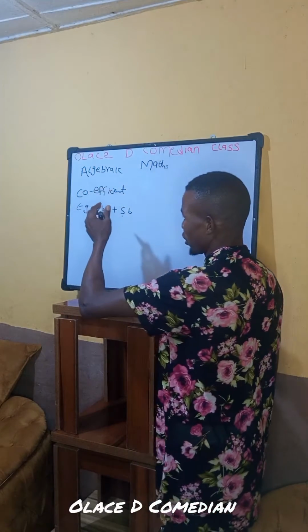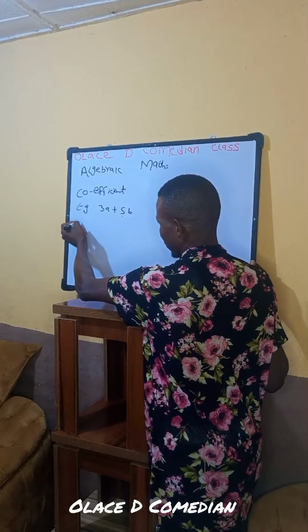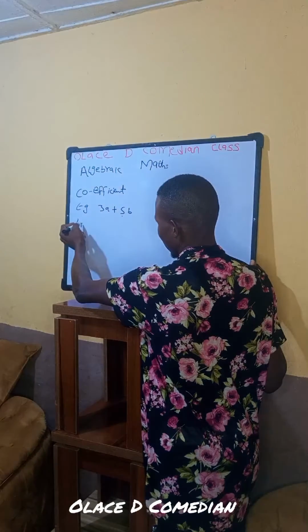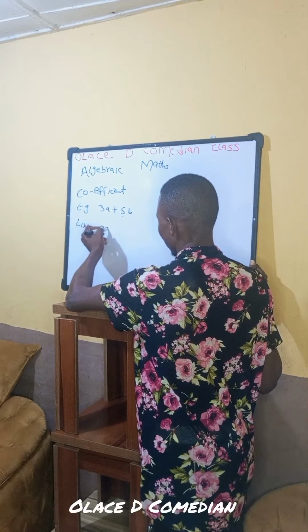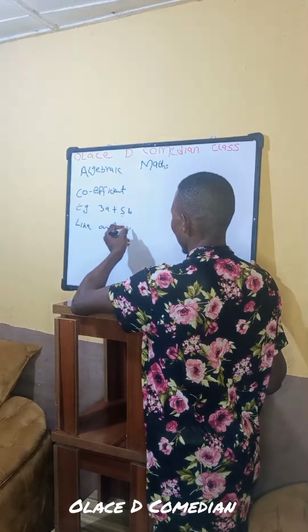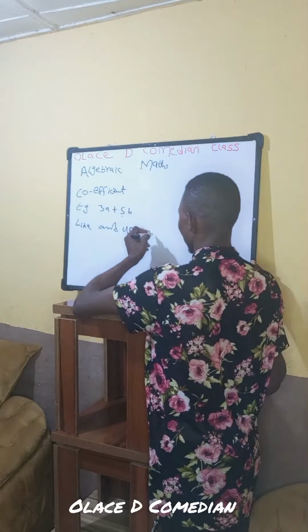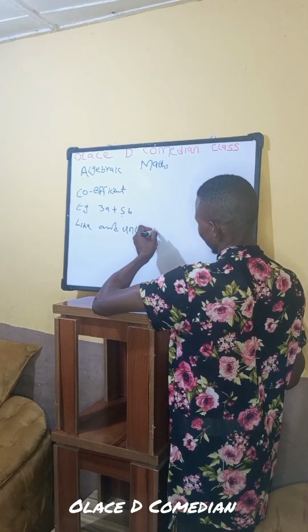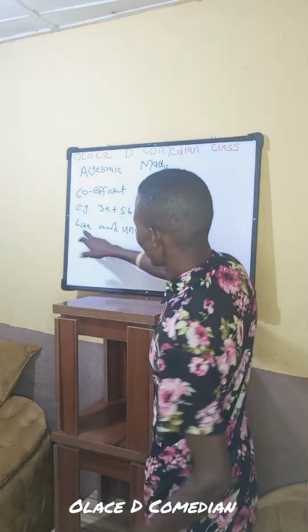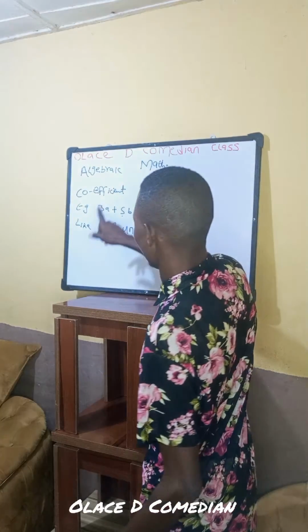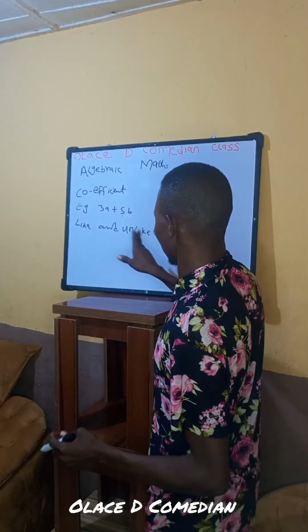So we are still talking about the same algebra. We have what we call like terms. Before you go to this calculation, you have to know this in detail.